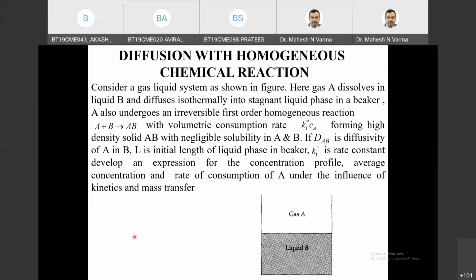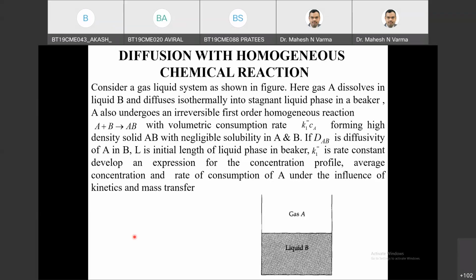A also undergoes an irreversible first order homogeneous reaction, A plus B gives AB, with a volumetric consumption rate of K1 CA, forming high density solid AB with a negligible solubility in A and B. If DAB is the diffusivity of A in B, L is the initial length of liquid phase in the beaker, K1 is the rate constant, develop an expression for the concentration profile, average concentration, and rate of consumption of A under the influence of kinetics and mass transfer.